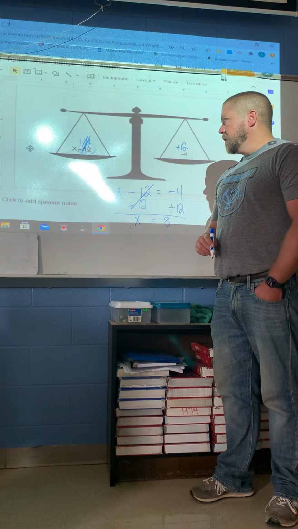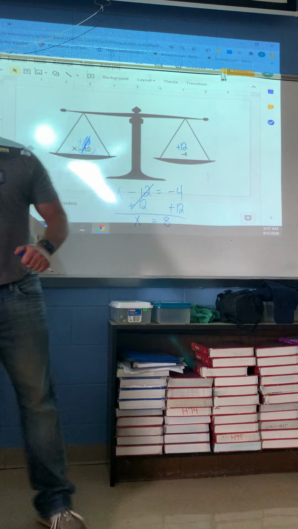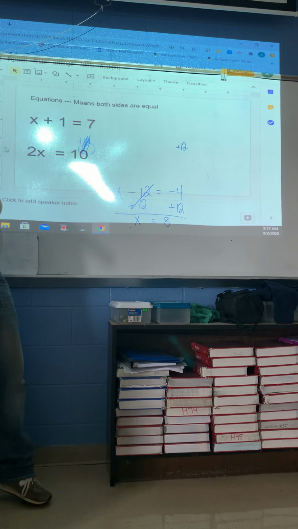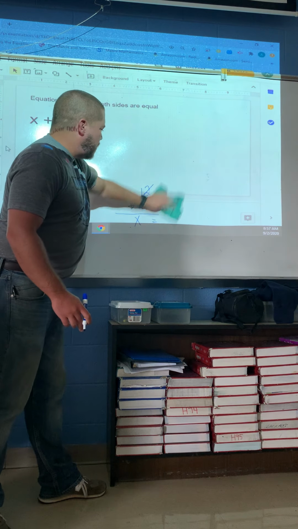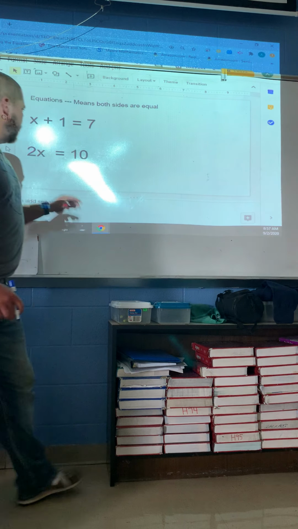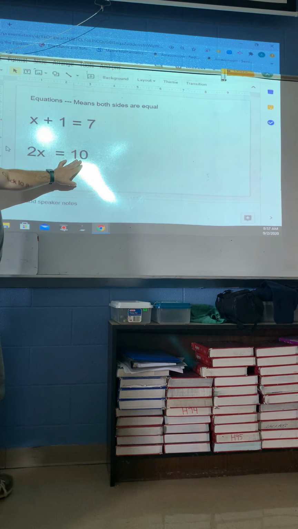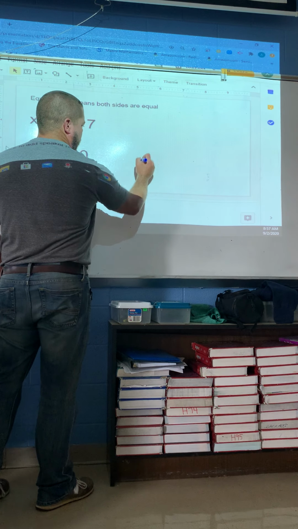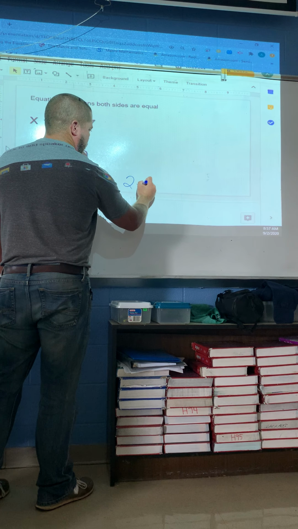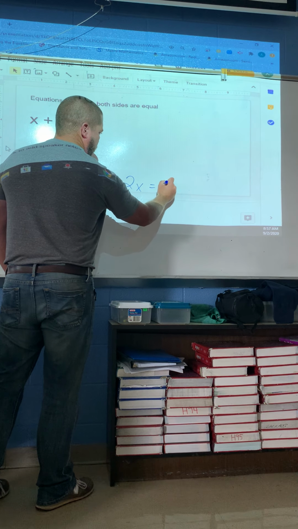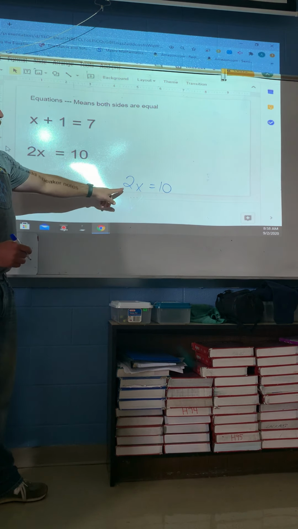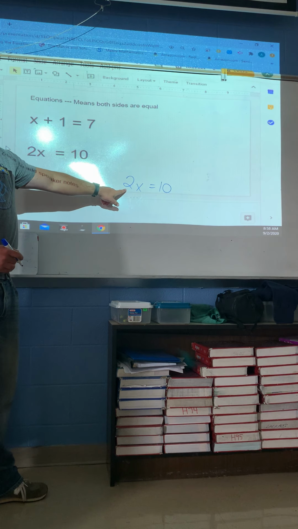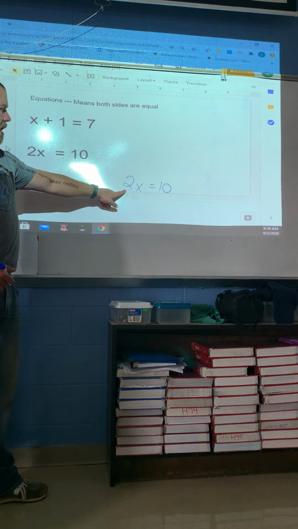One of the big keys when solving these equations is we have to do the opposite of what is out there. If we go back to the previous slide, in our bottom equation, we have 2 times x equals 10. You guys can already tell me 2 times 5 is 10. But we have to do the opposite of what it's asking for if we want to mathematically solve it out.